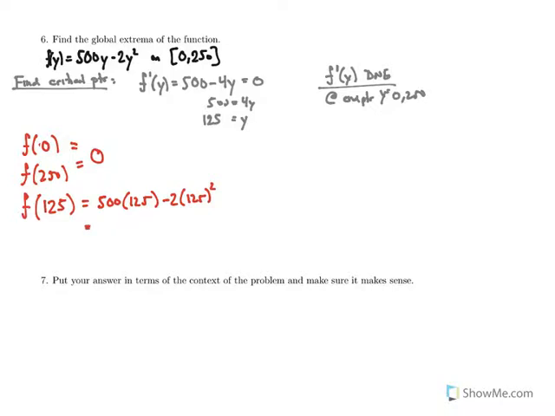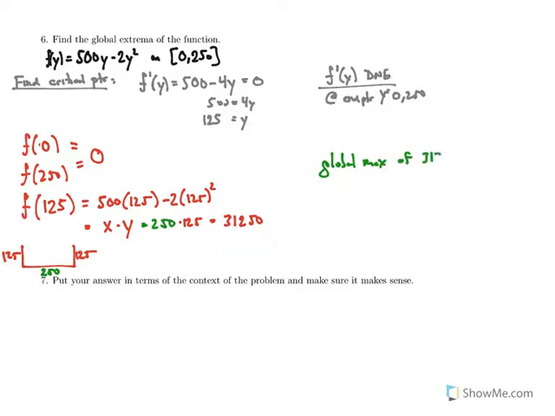Or if we think about this as x times y, we have a 125 here, a 125 here, which means that x has to be 250. Either way, it's going to be 250 times 125, which is equal to 31,250.